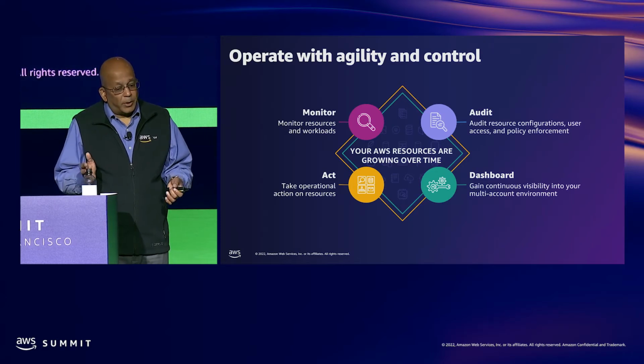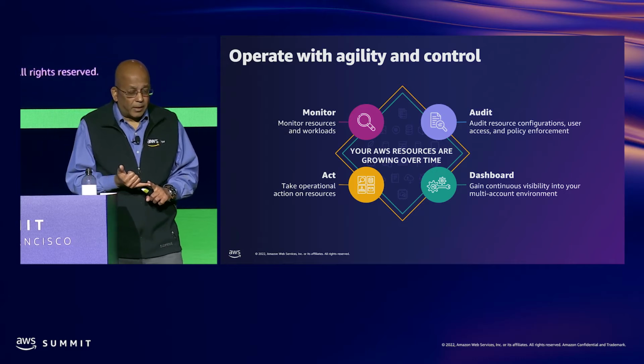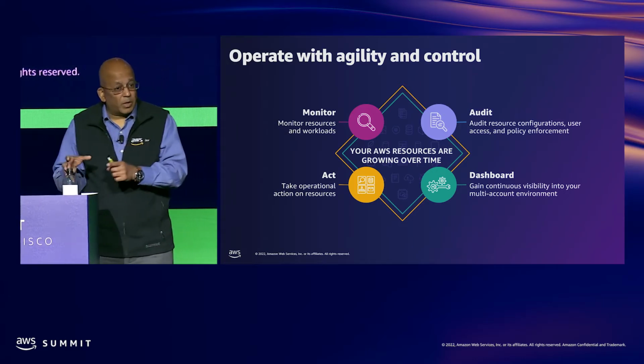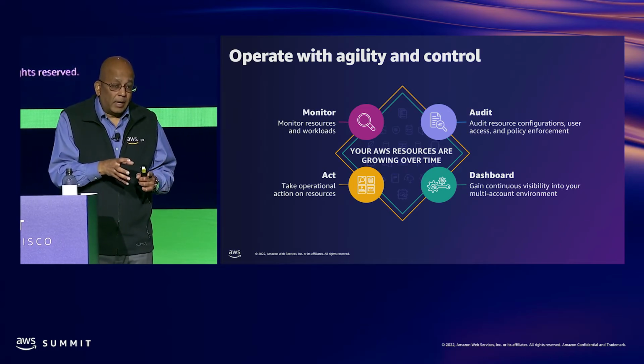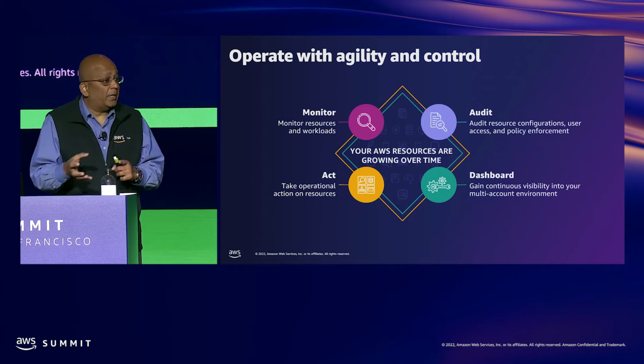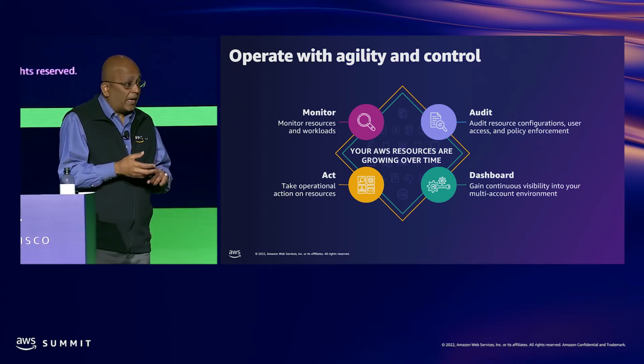You want to make sure that you have all the auditing capabilities that are there. You want to make sure that the resources that you are using within those accounts are configured correctly, as well as having the audit trail on which users are using these various services as well, right? We want to take actions on any of them.